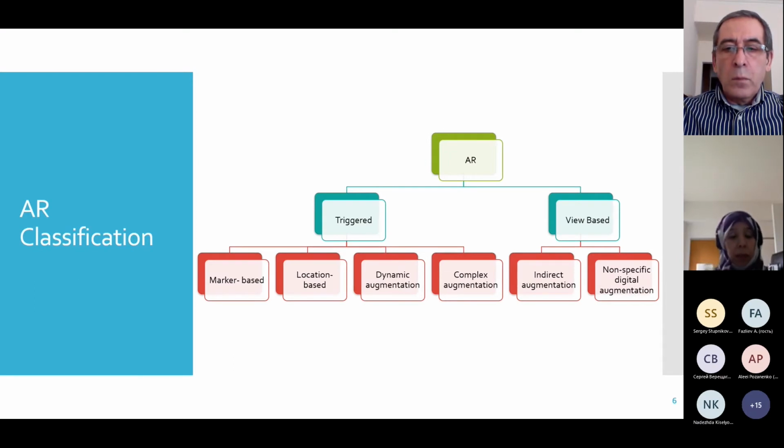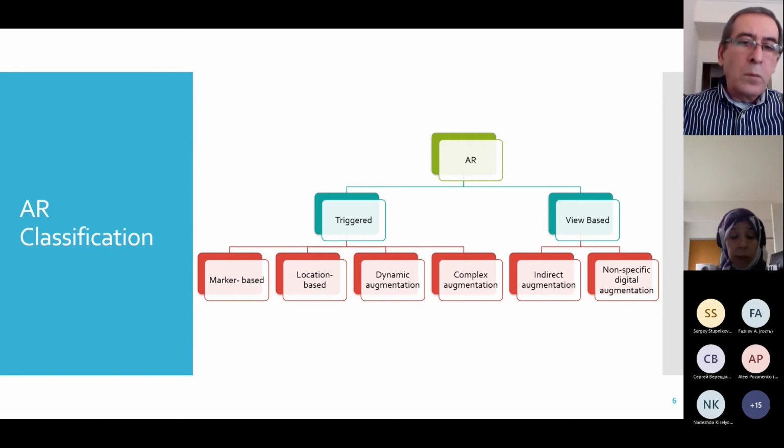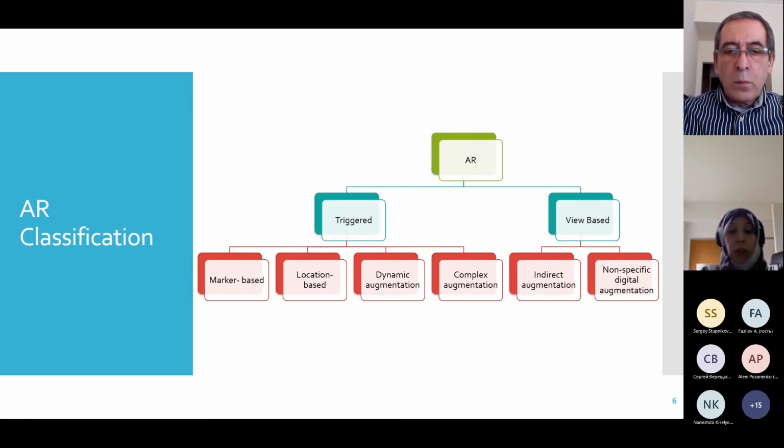There are different types of AR systems and apps, which depend on the concept and the technology, and there are various classifications for them. They are not unified. However, we use this classification, which has two main divisions for AR systems: triggered or view-based. For the triggered AR technologies, you can have marker-based, which is triggered using a marker, usually an image or, for example, a QR code.